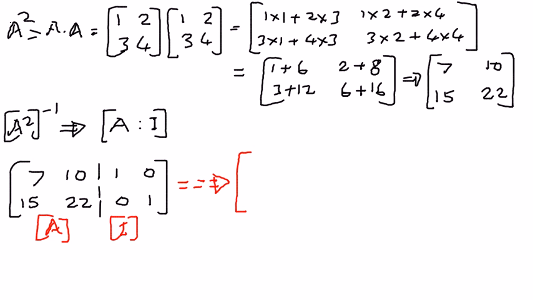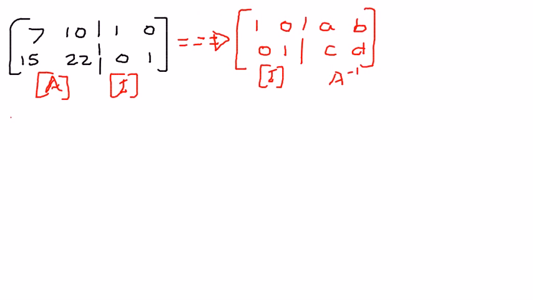We're going to have 1, 0, 0, 1 on the left hand side of the partition, and then numbers on the right hand side of the partition. So this is going to be our identity matrix, and this is going to be our inverse matrix. That is what we want to achieve, and we will try to follow that procedure for this example problem.